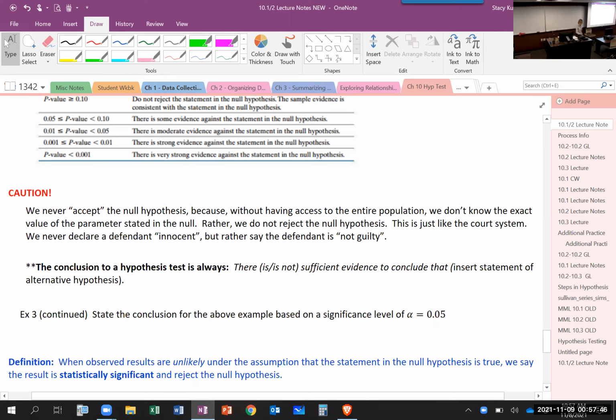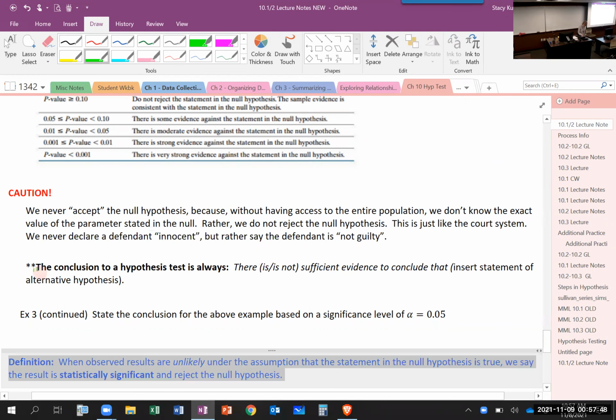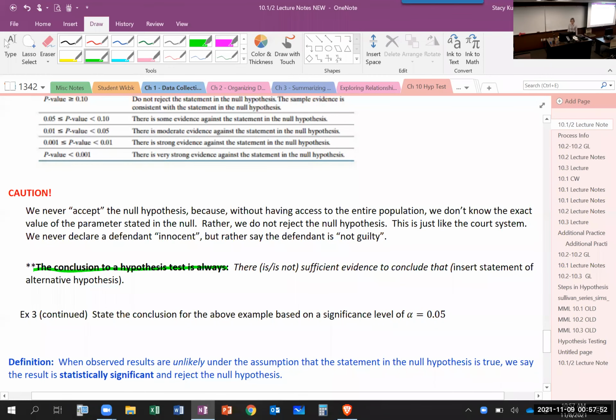I have given you a fill in the blank for how you will make your conclusion based on the p-value results, whether you fail to reject or reject. There either is or is not sufficient evidence to conclude that, and then you insert your alternative.